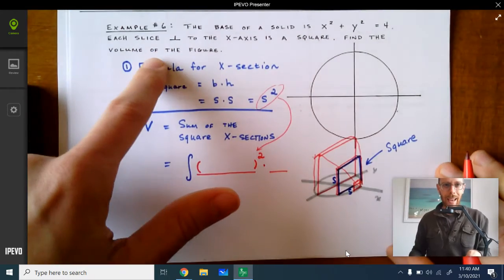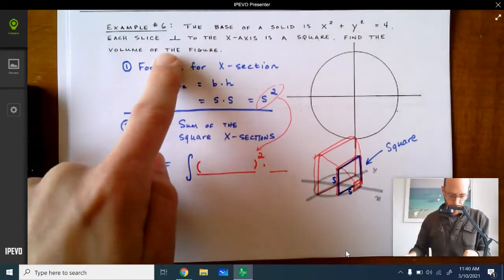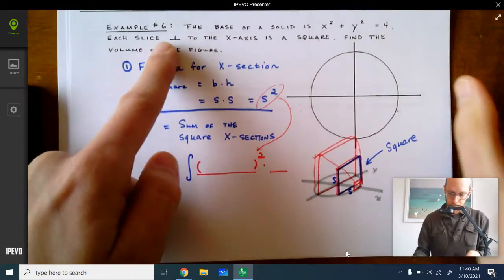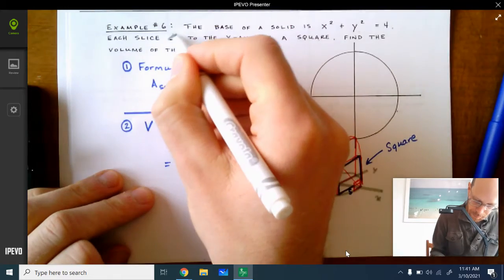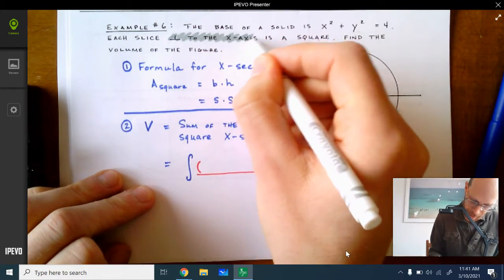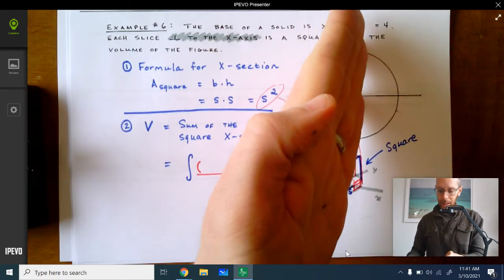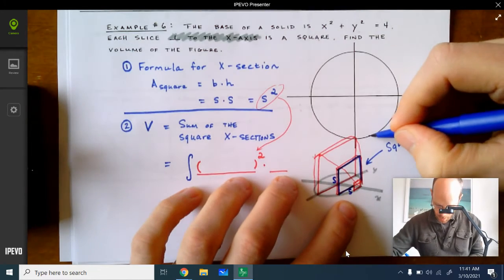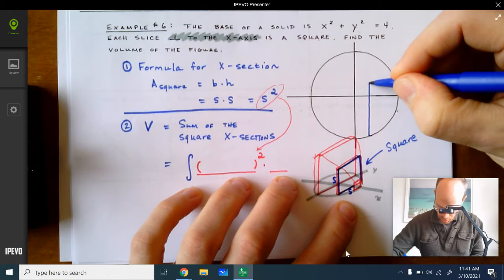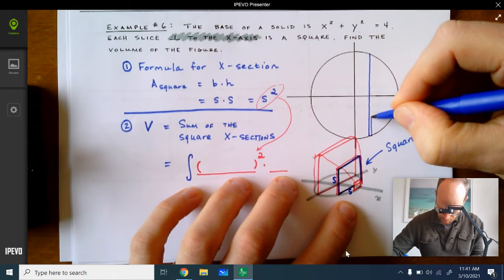Now, if we come back to the actual problem, it says that the cross sections are perpendicular to the x-axis. So if I were to draw them on the flat image right here, a cross section would look like so.